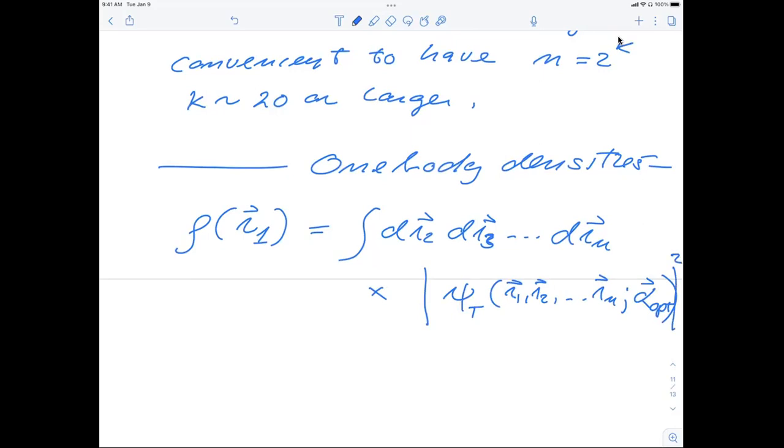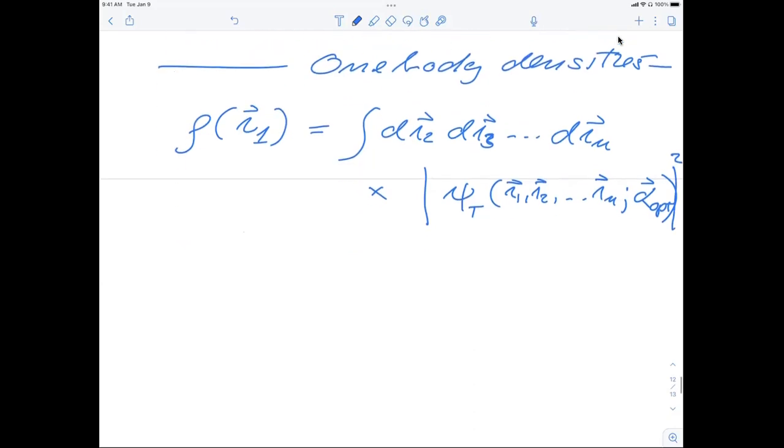So this is the formal definition of the one body density. So if you have a non-interacting case, and with the harmonic oscillator, this is pretty easy to calculate. You can choose whether you want to normalize this quantity or not.